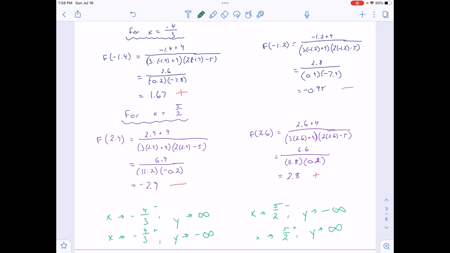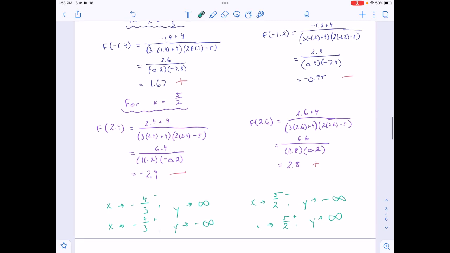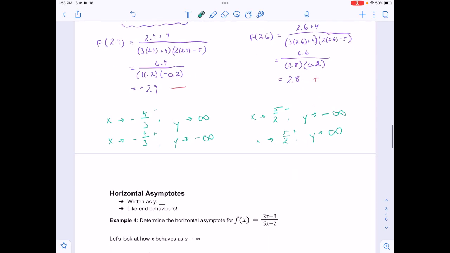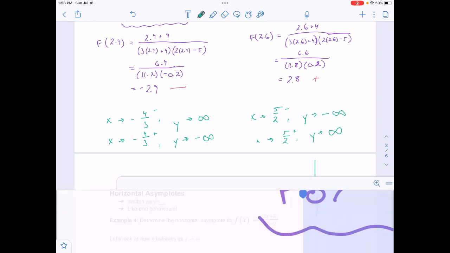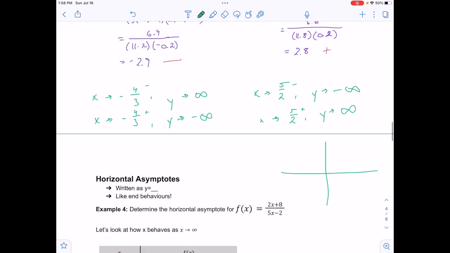Okay. We have now all of our end behavior, and if we wanted, we could draw a quick sketch. We'll have one asymptote here at negative 4/3, and our other asymptote here at 5/2. As x approaches negative 4/3 from the left, we go to positive infinity.